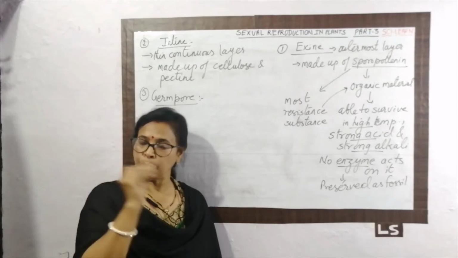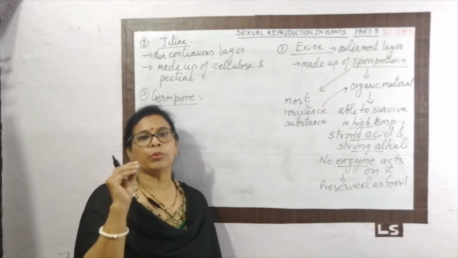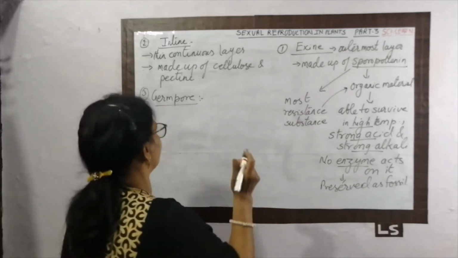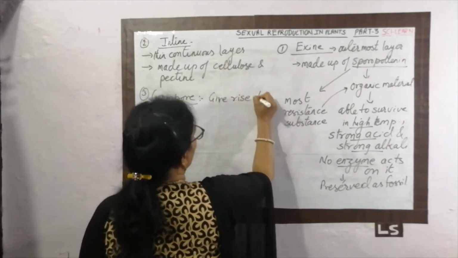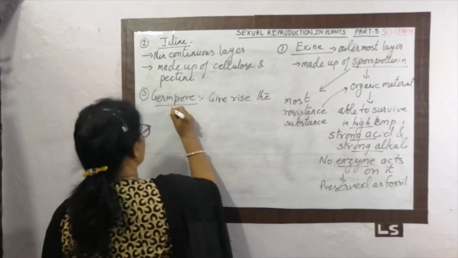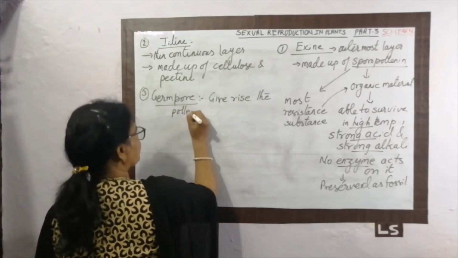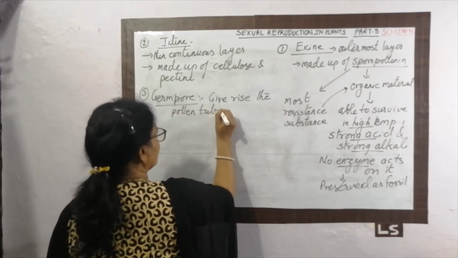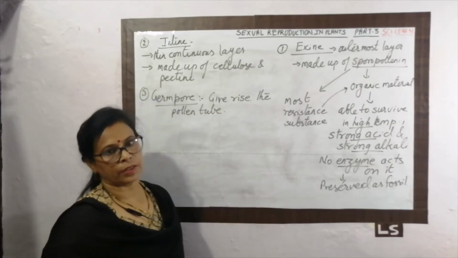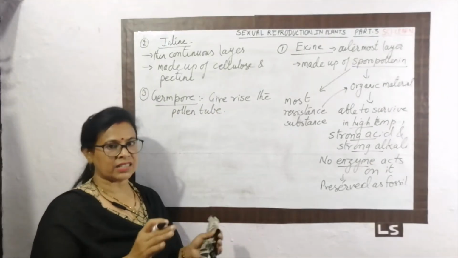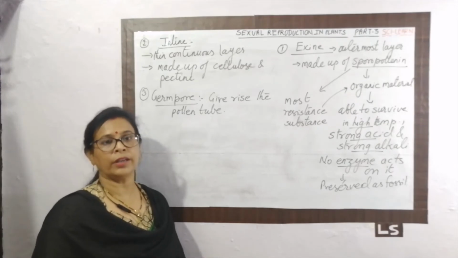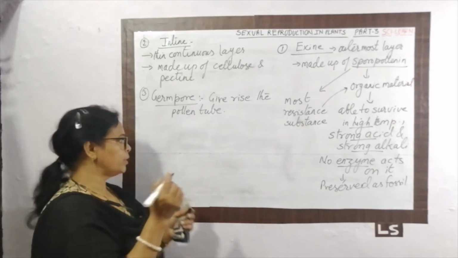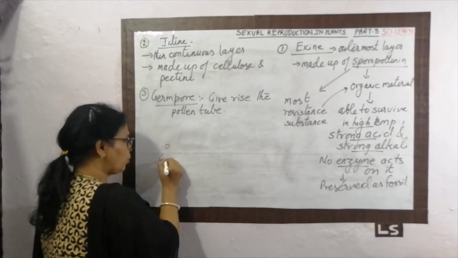What is the importance of the germ pore? The germ pore gives rise to the pollen tube. Because the exine is the hardest substance, highly resistant to dissolving or destruction, the germ pore is there.